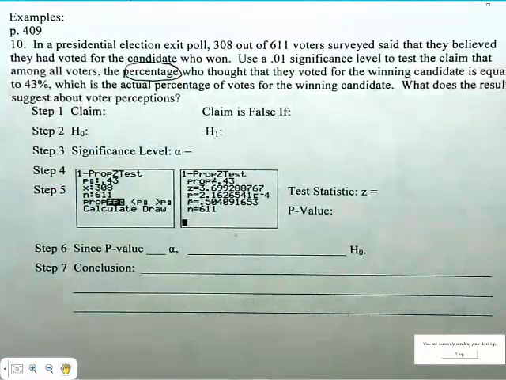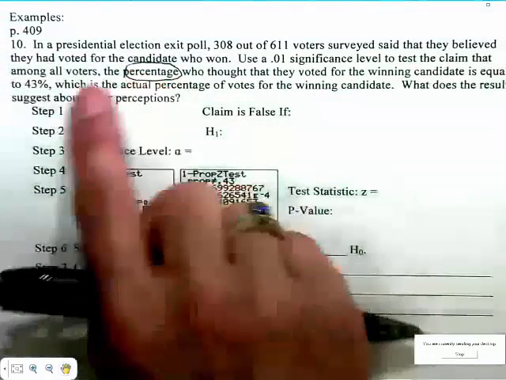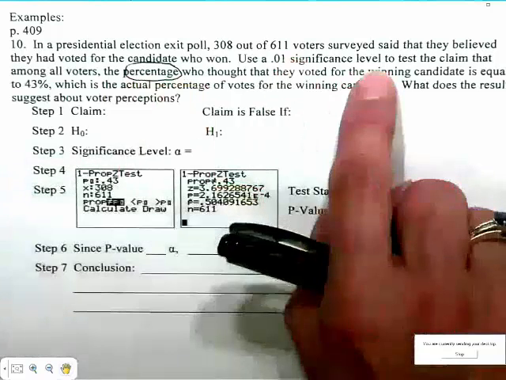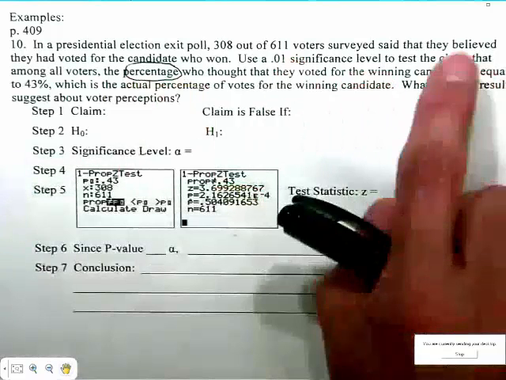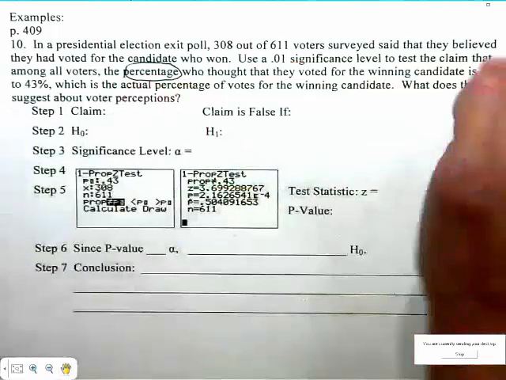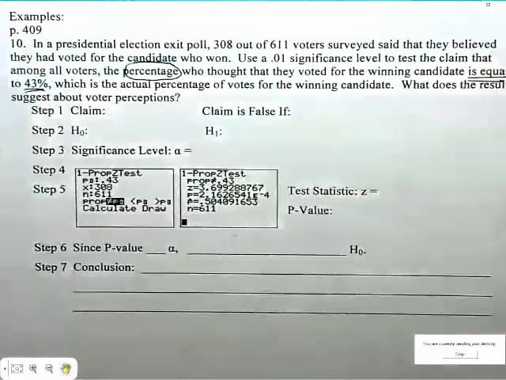Percentage tells me to use a proportion test. It helps to underline your important words. That just draws your eyes right to what's important in that sentence. So what's the claim?